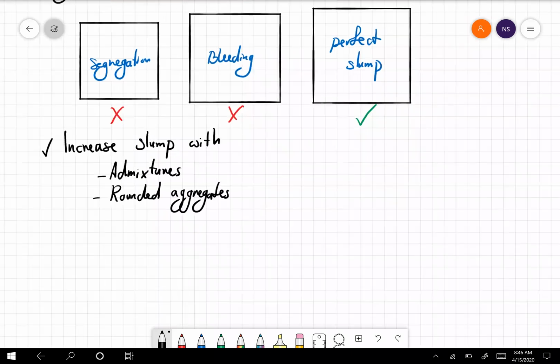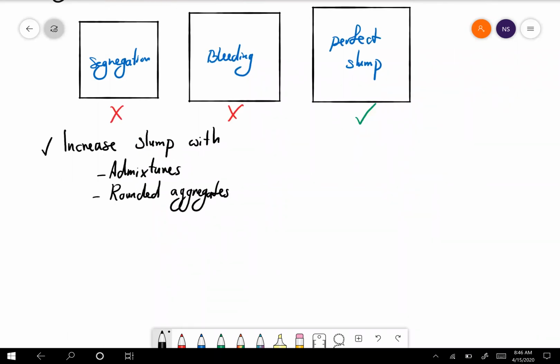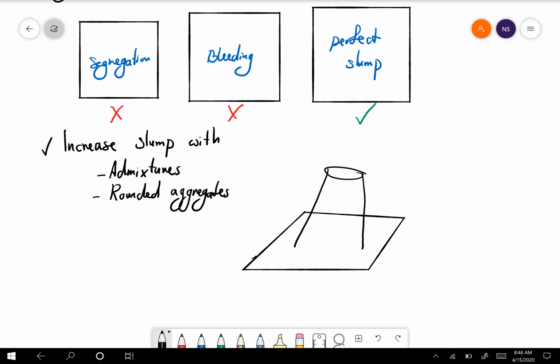You might ask, we never did a slump test in the lab. So basically for a slump, you have a steel plate, and then you have a cone that you pour concrete inside in 3 levels.